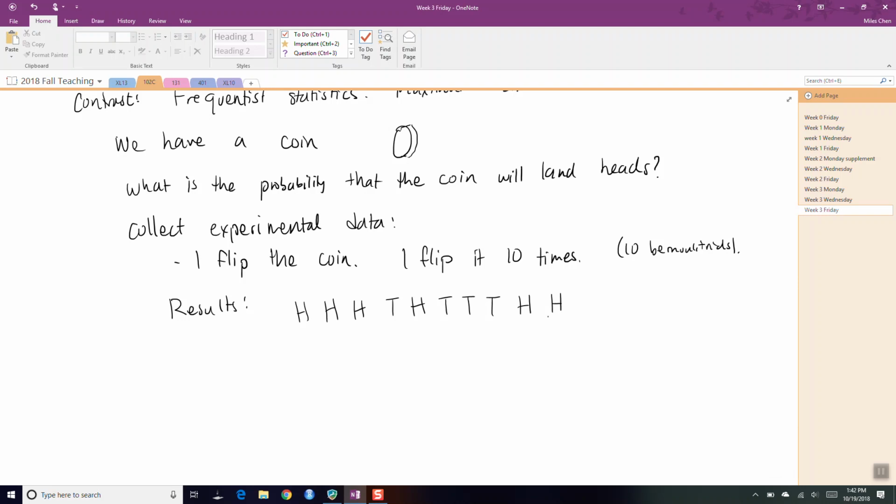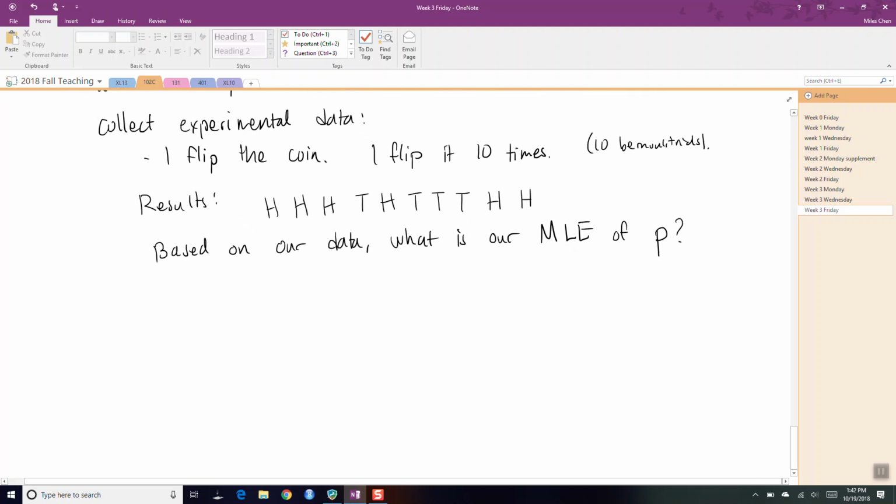Now, based on our data, what is our maximum likelihood estimate of P, P being the probability that the coin will land heads? Well, how would we do this? We would have to calculate the likelihood of the data.